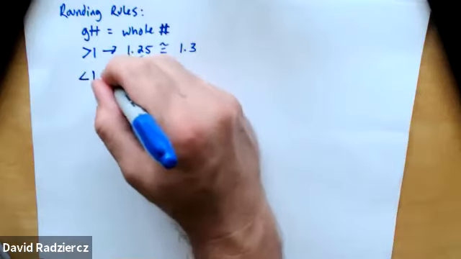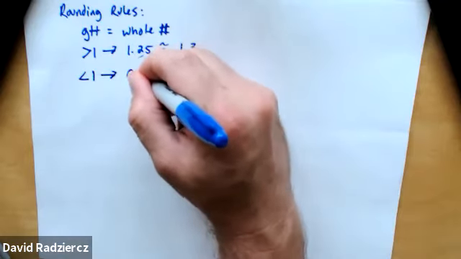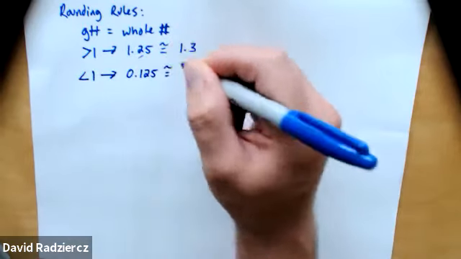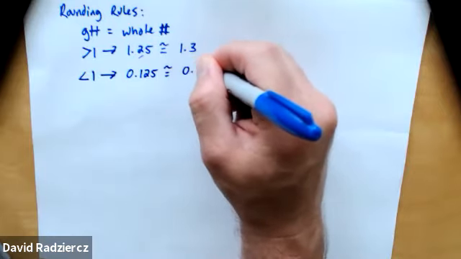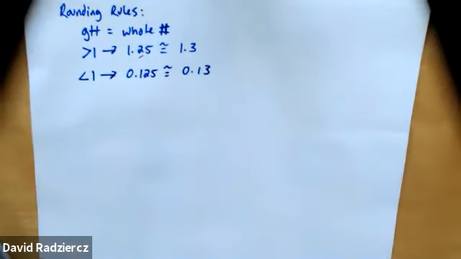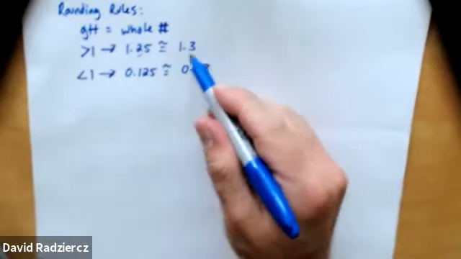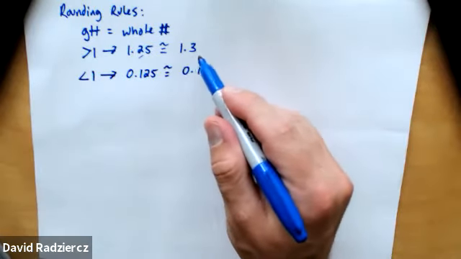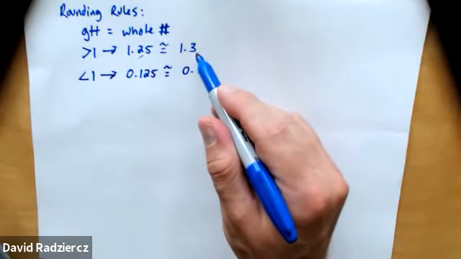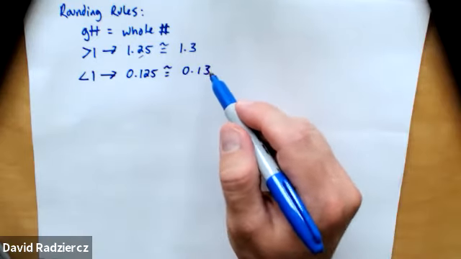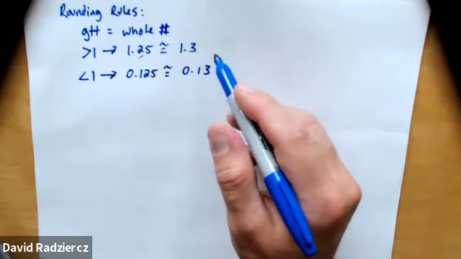Less than 1, such as 0.125, you would round that to the nearest hundredth place. So it would be 0.13. Okay. Basically, you want to have, when you can, 2 significant digits listed. So 1.3, 0.13, there are 2 significant digits here.